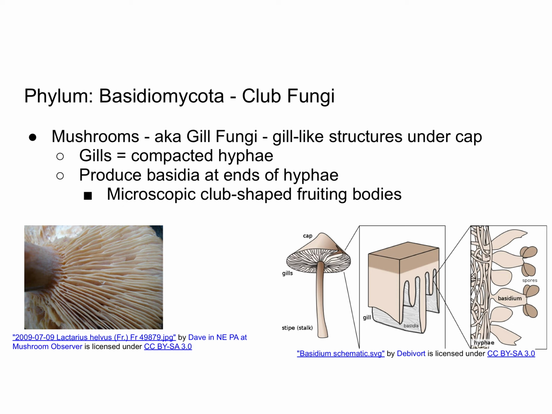The Basidiomycota include the fungi, or I really should say the mushrooms, that you are probably somewhat familiar with. These mushrooms are also called gill fungi, and that's because they have gill-like structures underneath their caps. These gills are actually made out of compacted hyphae.